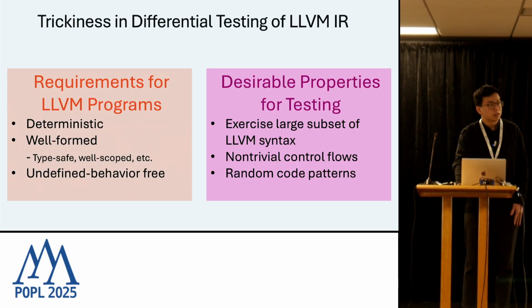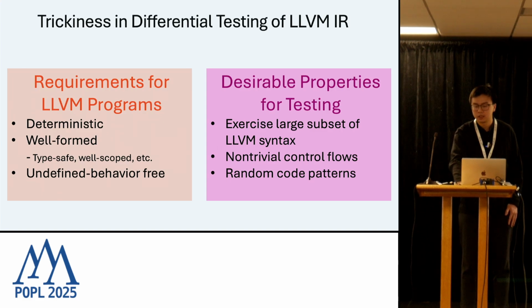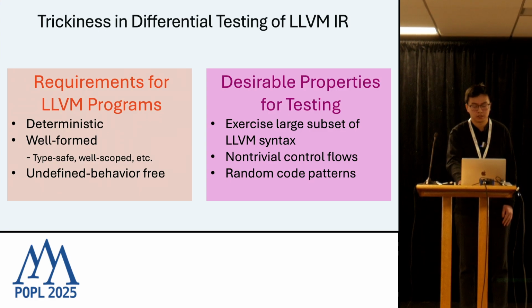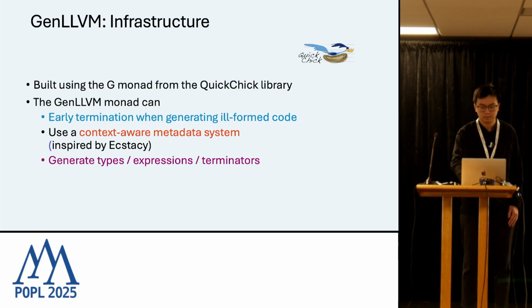Generating LLVM IR programs is tricky. Specifically, we need to maintain some properties for the programs that we are generating. Most importantly, they should be deterministic so that we can easily compare the output to identify potential discrepancies. We also want our generated programs to be varied and exercise a large subset of the LLVM IR syntax.